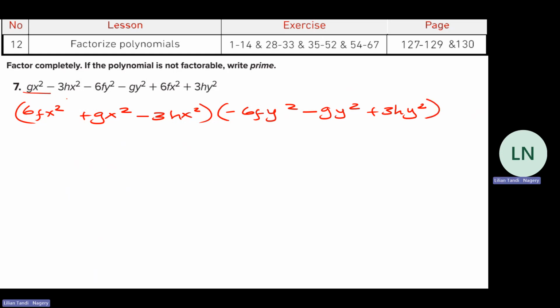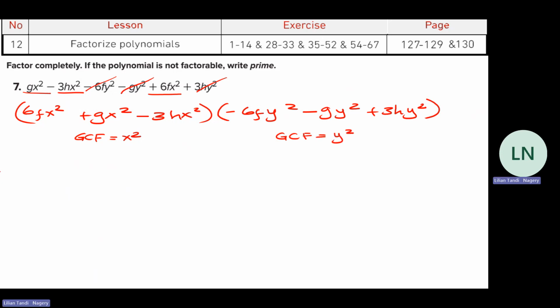Check my work. Okay. Negative. Okay. Negative. Okay. Positive. So, okay. What's the GCF here? The GCF here is x squared. The GCF here is y squared.